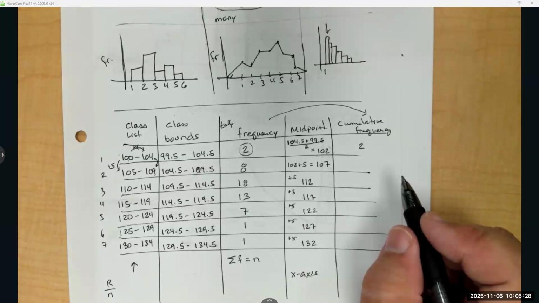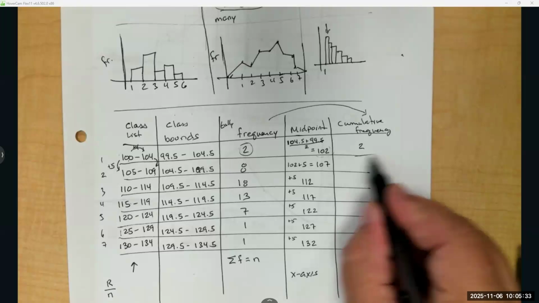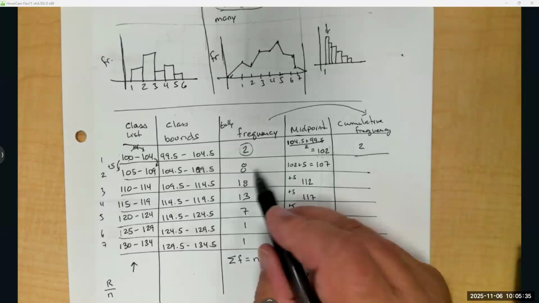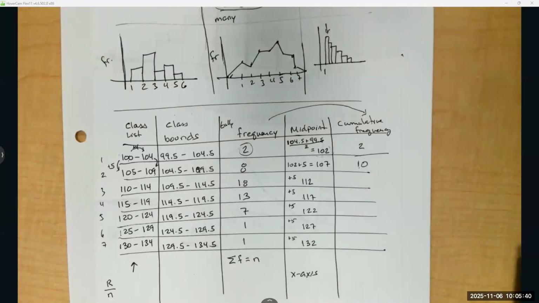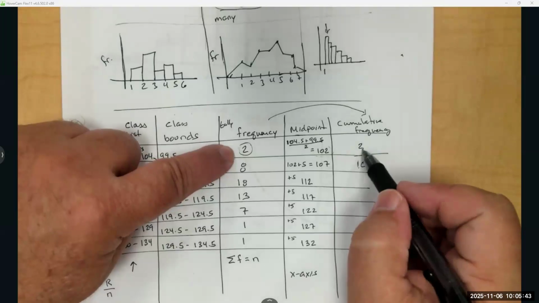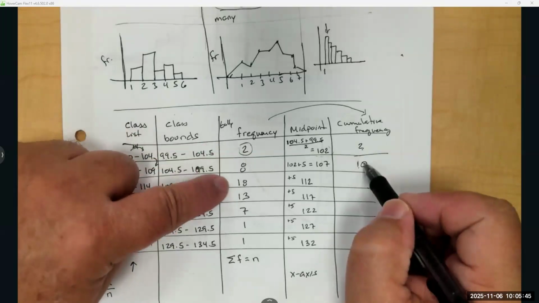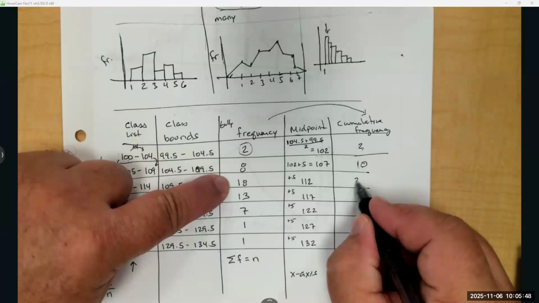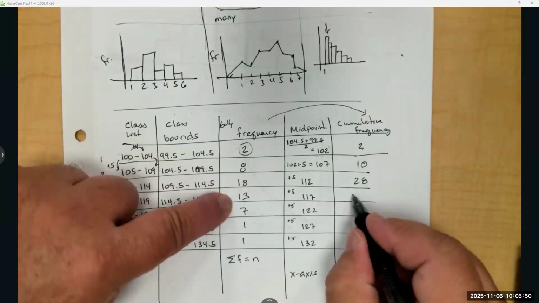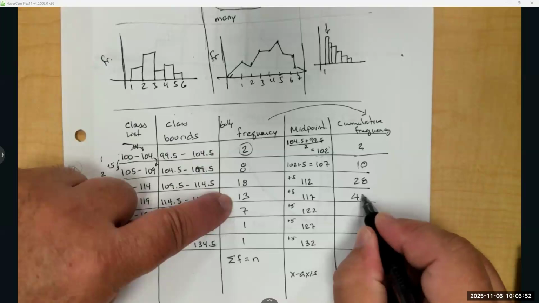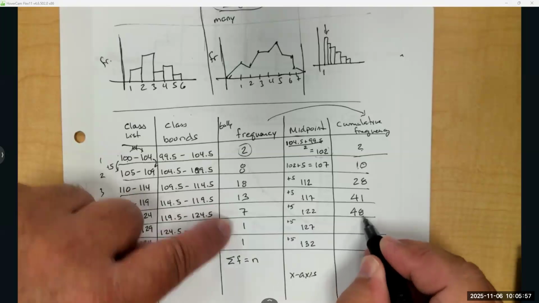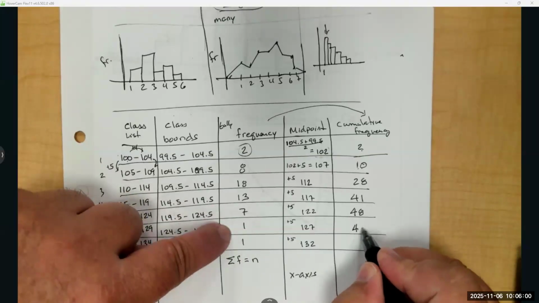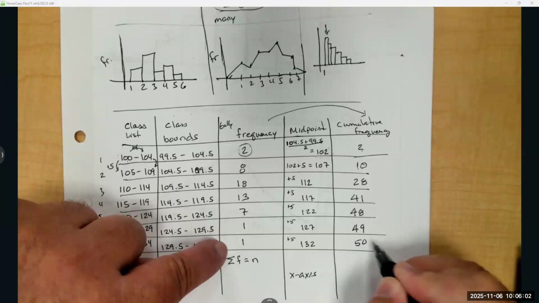It's a running total. So we add 8. Because we start with the first frequency, then we add the next frequency, then we add the next frequency. 10 plus 18 is 28 plus 13, 41 plus 7, 48 plus 1, and then one more.